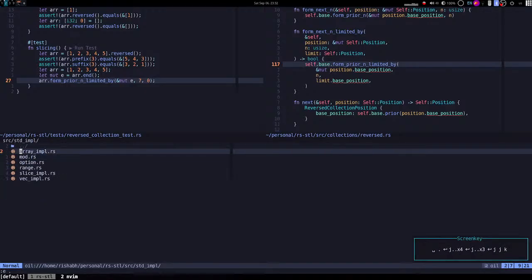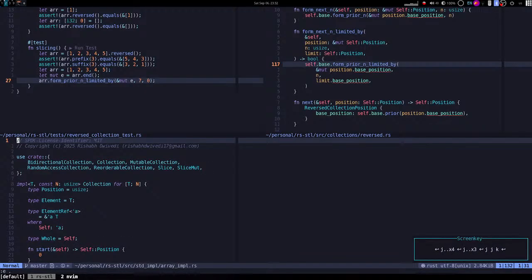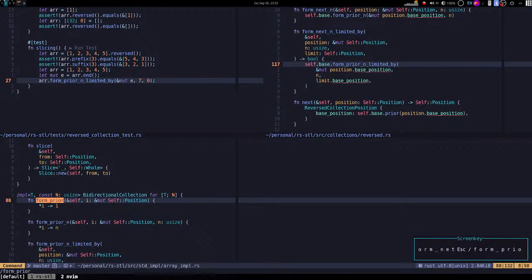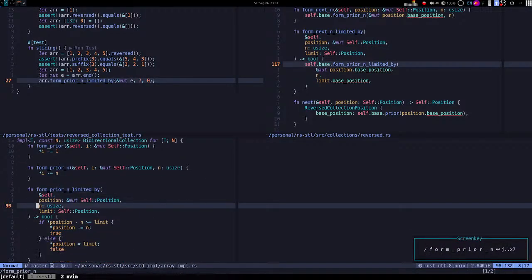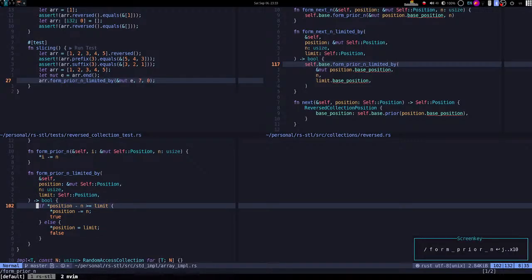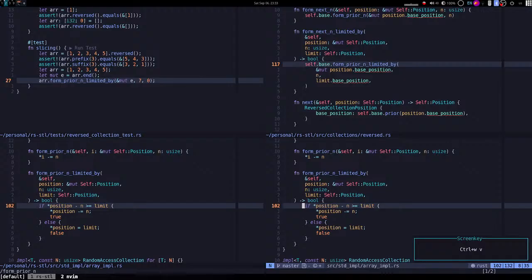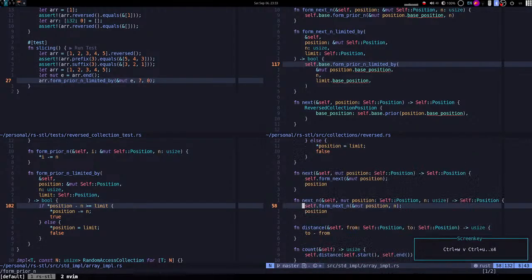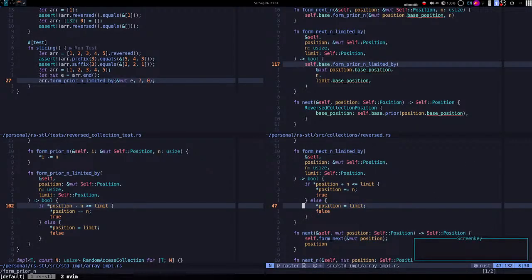This is what I'm doing. Let's go for the standard implementation and fix it. Okay, for prior and limited by. So if form next and limited by.